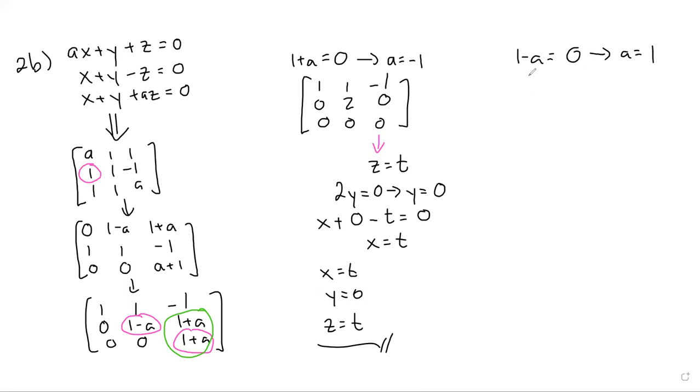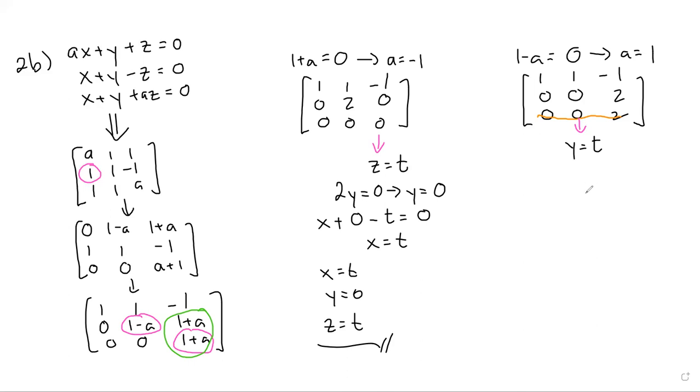So if A is 1, as soon as I plug it in, I can see that I'll have 1, 1, and -1. I'll have 0, and this is 0. And then this will be 2, and then the other one will be 2. And since one of them is just a multiple of the other, I can wipe it out and have my free variable here, which I'll say is y equals t.